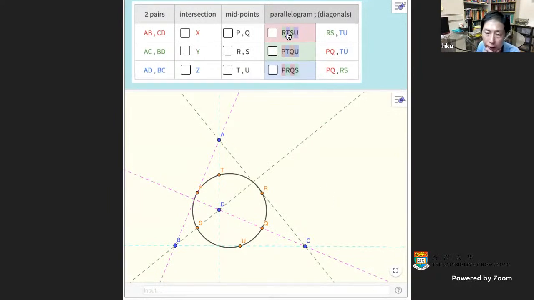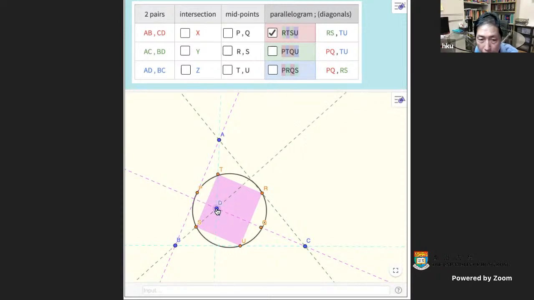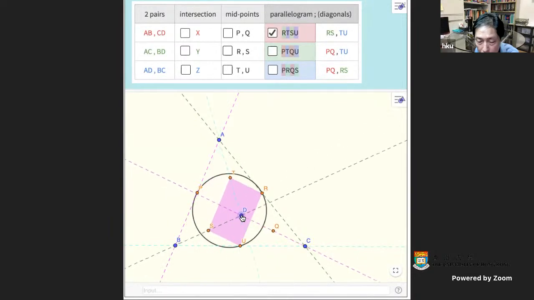But how can they be a rectangle? If you look at any one of these, for example RTSU, since this parallelogram has sides parallel to AB and CD, the only way to make it a rectangle is to make sure AB and CD are perpendicular. So I try to make AB and CD perpendicular, for example. Once they are perpendicular, then it must be a rectangle, although it may not lie on this particular circle.